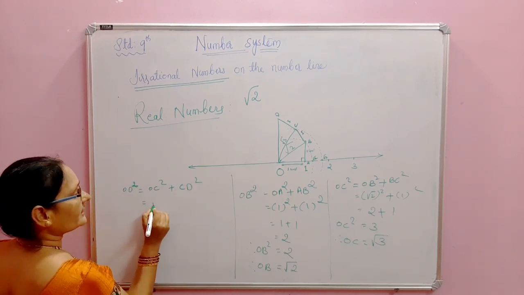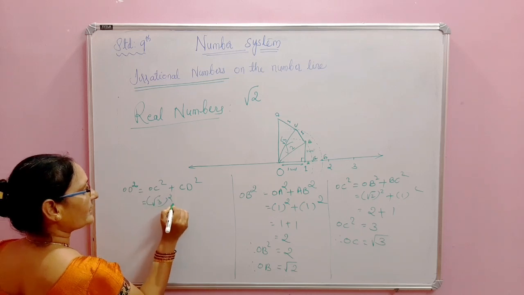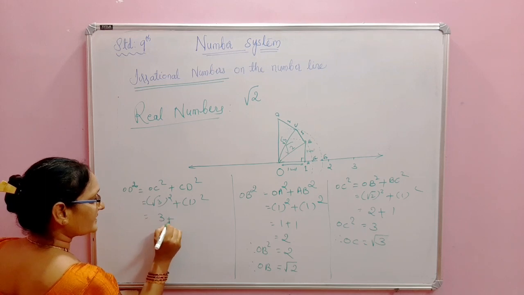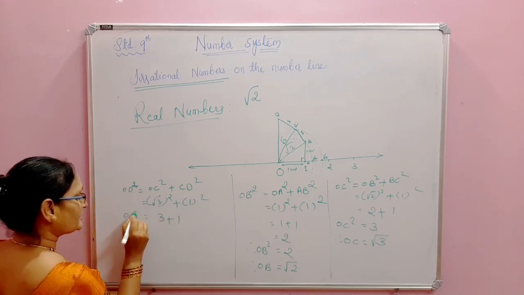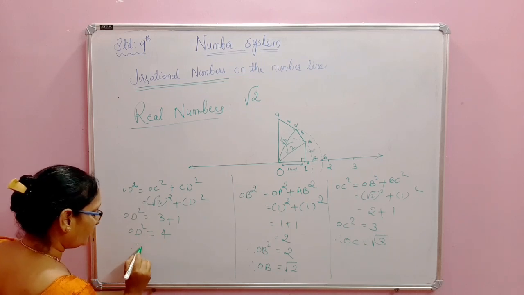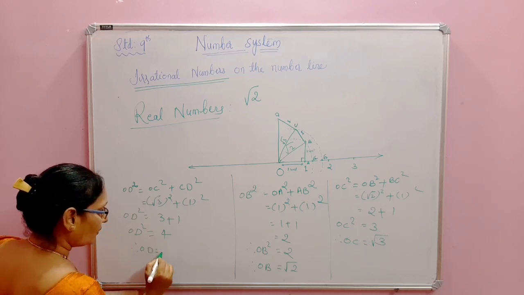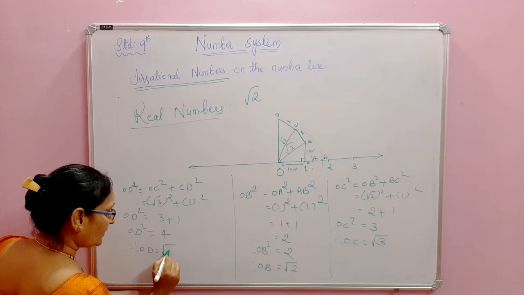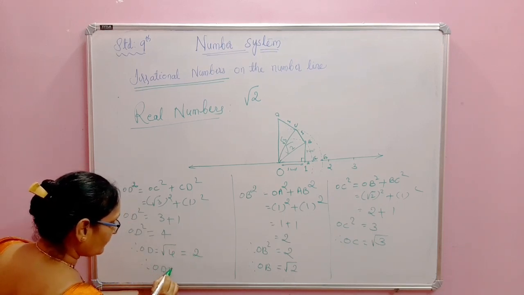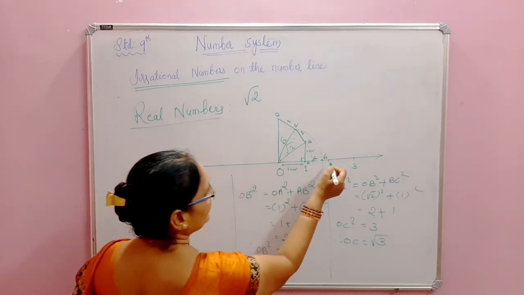What is OC square? Root 3 whole square plus CD is again 1 square. This is 3 plus 1. So OD square is equal to 4. Therefore, OD is equal to square root of 4, which is 2. Therefore, OD is equal to 2. This comes exactly at 2.